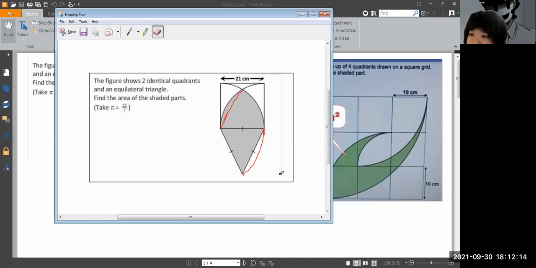What you need to find out is just this part, from here to here.